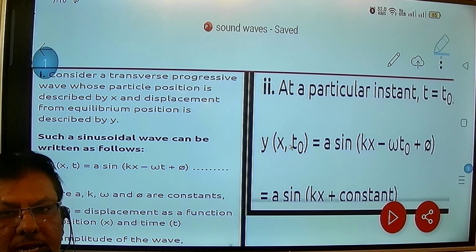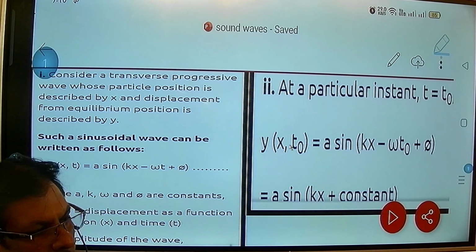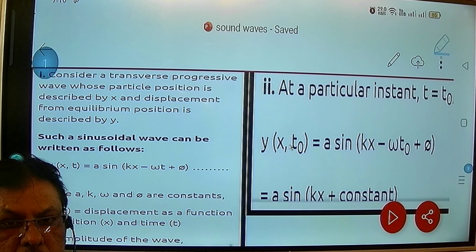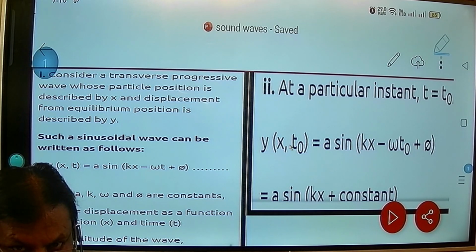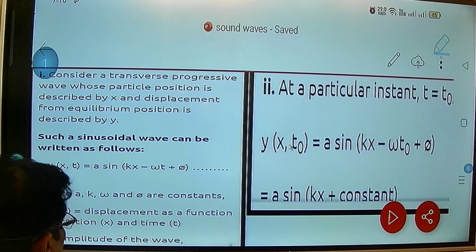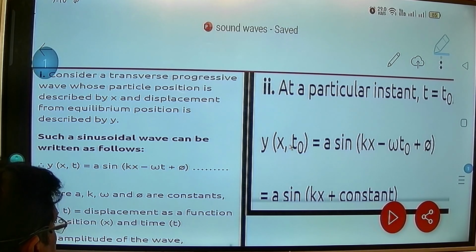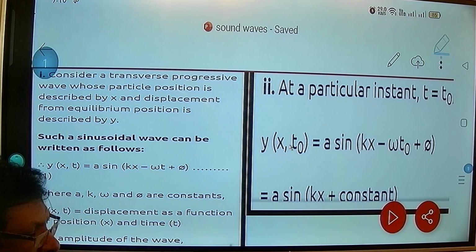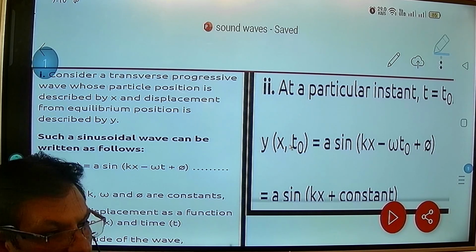Means exactly we say that xy plane we are going to consider, and along this one thing is to be noticed is that displacement and position, position is represented by x and displacement is represented by y. So such a sinusoidal wave can be written in the mathematical form like this.